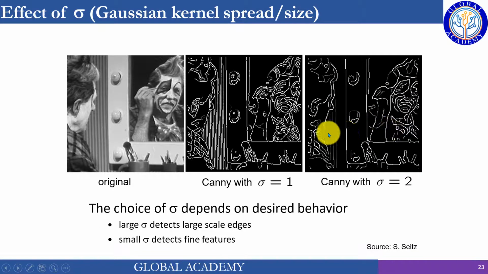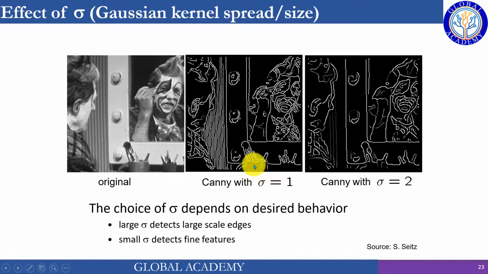It's like better results. So there is no hard and fast rule what value of sigma would be better for one image. That is purely the content and the details of an image. Some images are very cluttered, so you need higher sigma.